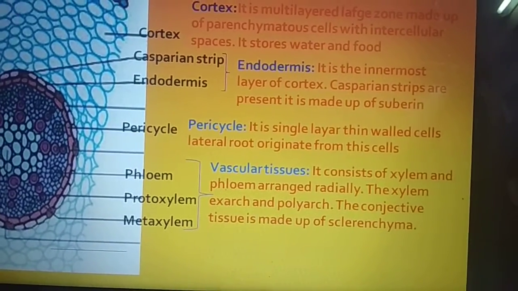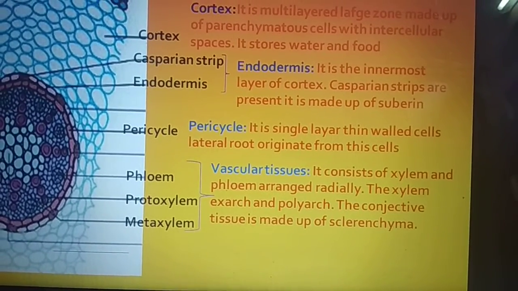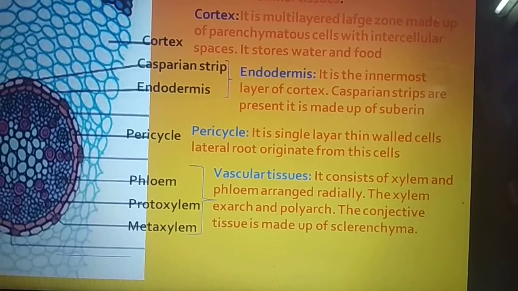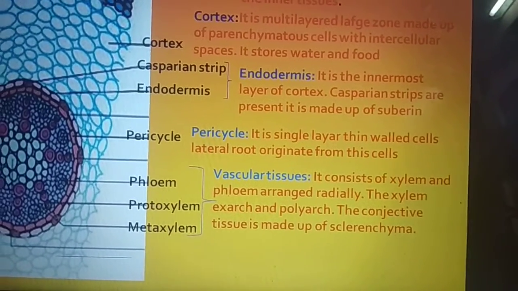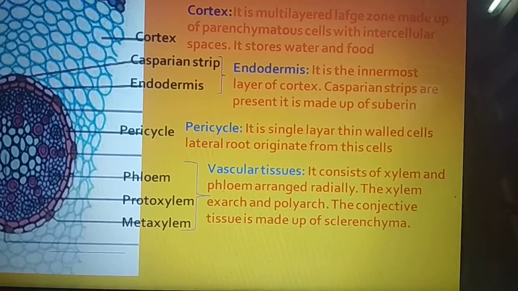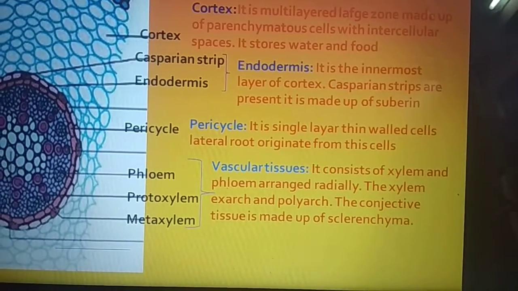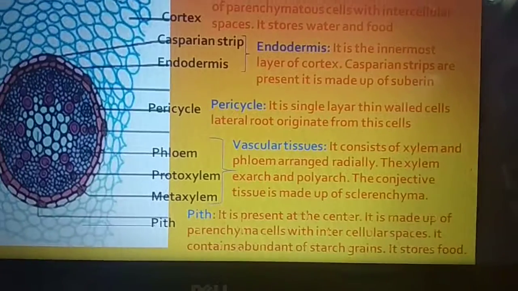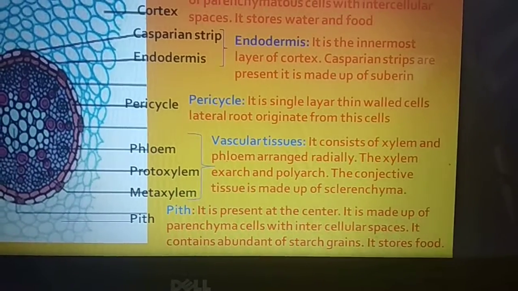The xylem is exarch and polyarch. The conjunctive tissue is made up of sclerenchyma. In dicot, the conjunctive tissue is made up of parenchyma. Here, sclerenchyma.